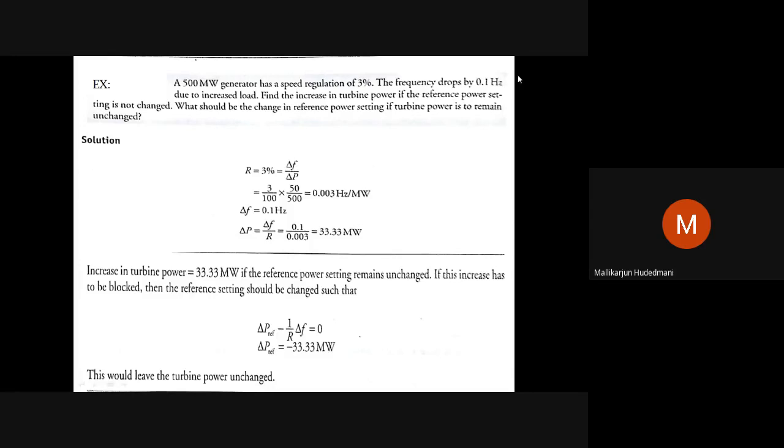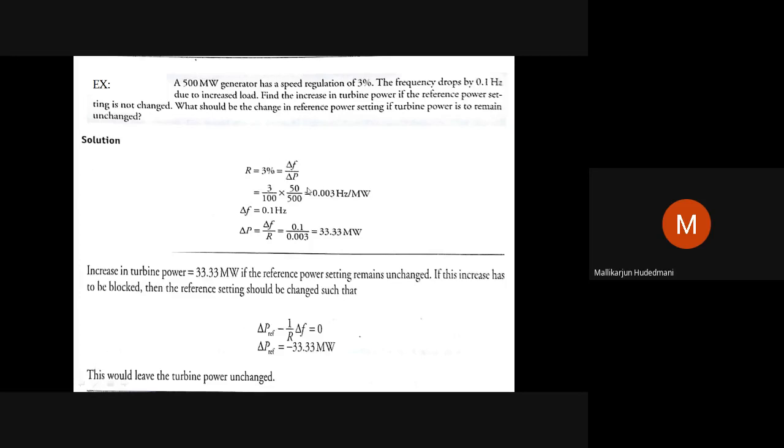So for a 0.1 hertz drop, what is the change experienced in set point? That is again the same equation, delta P equal to delta F by R. This delta P is the requirement. Delta F is given as 0.1. 0.1 divided by 0.003 gives 33.33 megawatt. It is supposed to operate at a certain frequency. Frequency is not given, so let it be 50 hertz.